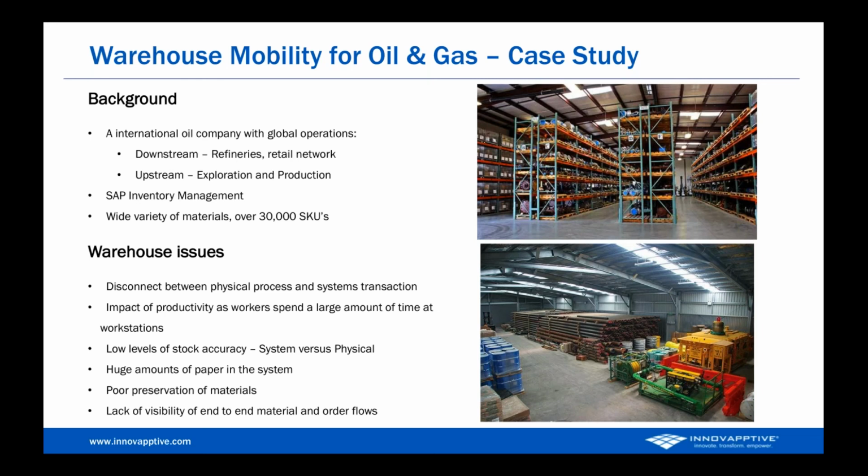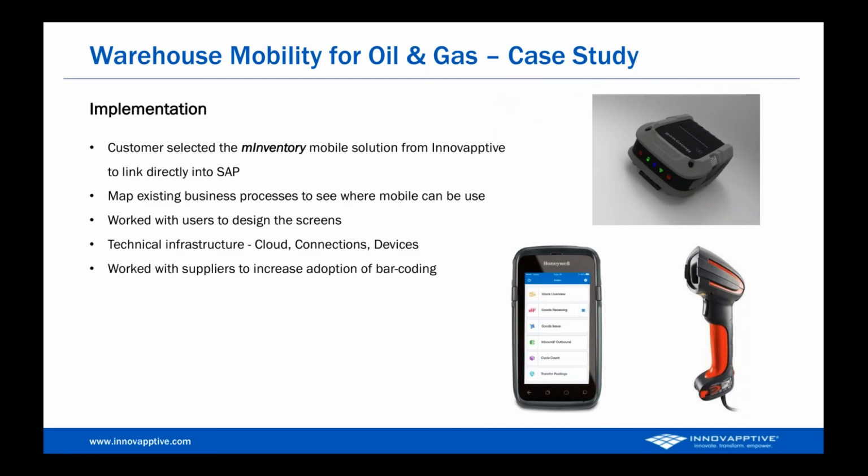By preservation, we mean some of these spare parts may be sitting in the warehouse for several years, and you need to carry out preservation activities to maintain the quality and make sure they're fit for use. That was all a manual process when we went in there, and there was a lack of visibility of the end-to-end material flow. On the next slide, we'll see how some of those issues were addressed.